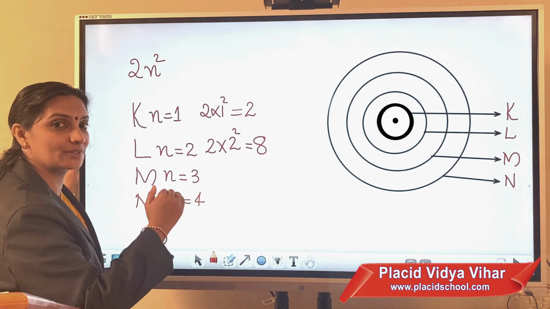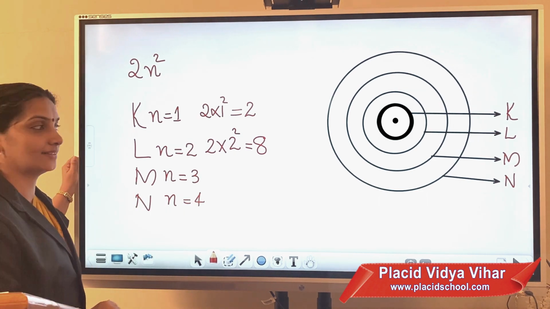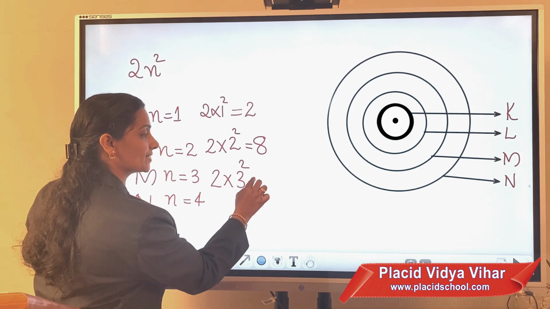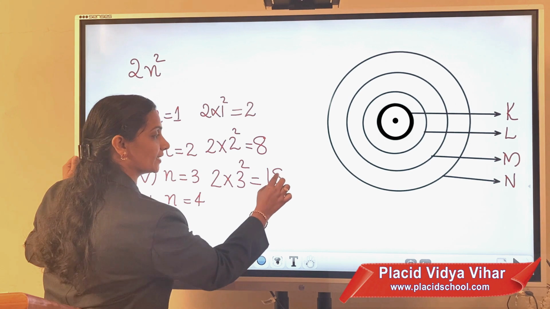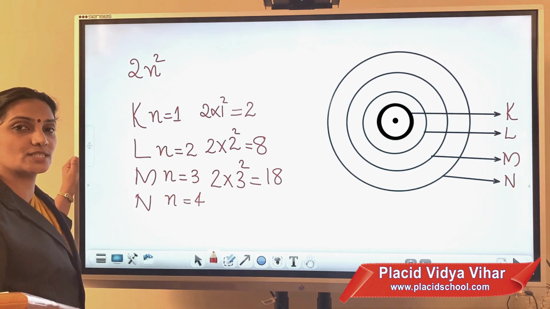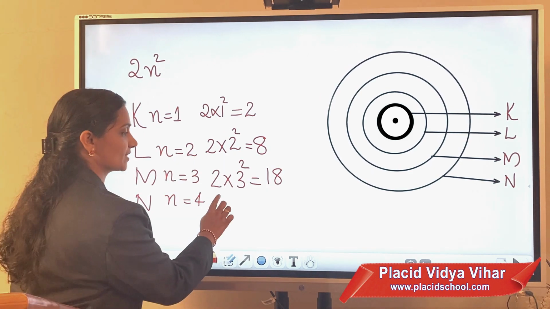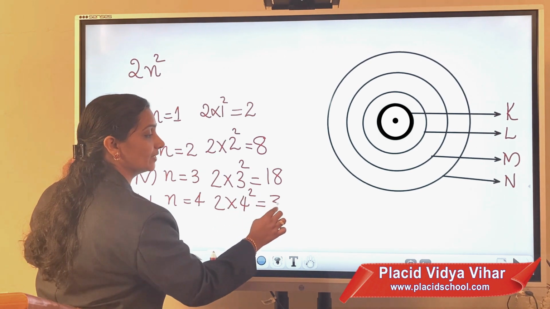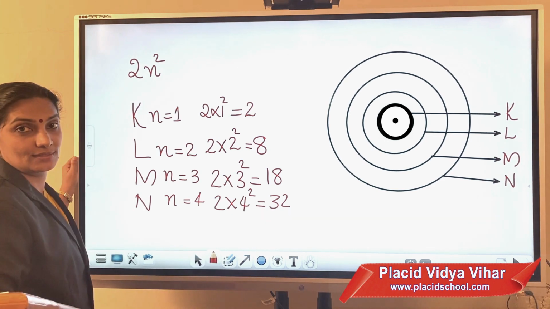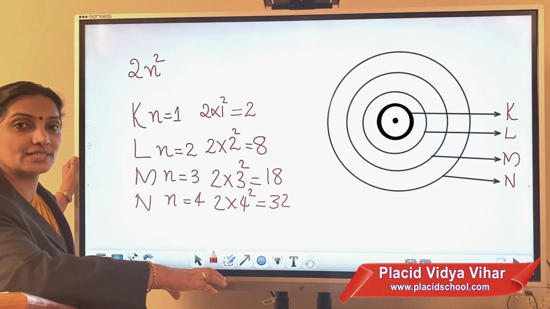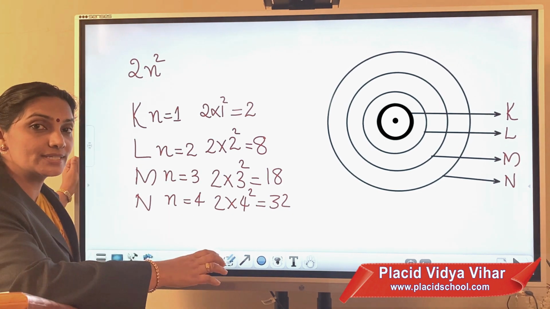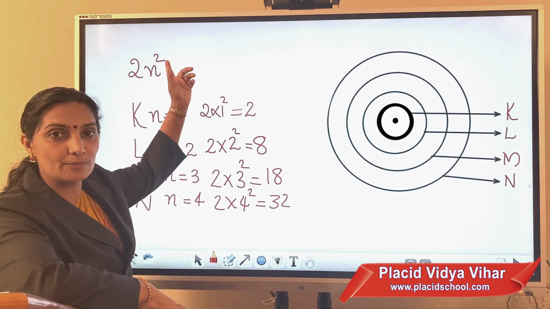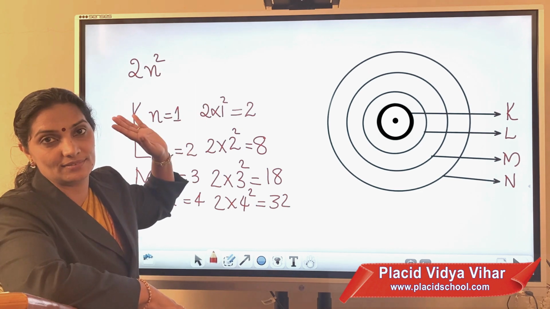Then the maximum number of electrons in the third shell: 2 into 3 square is equal to 18. Similarly, the fourth shell can accommodate a maximum of 32 electrons. So whatever the number of shells in an atom, we can calculate the maximum number of electrons in those shells by using the formula 2n square.